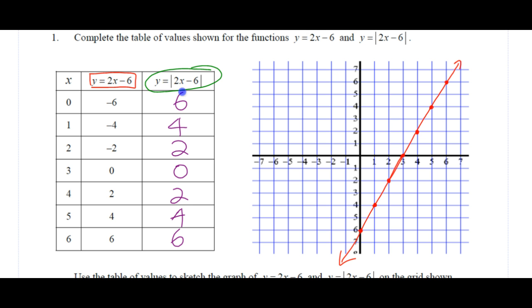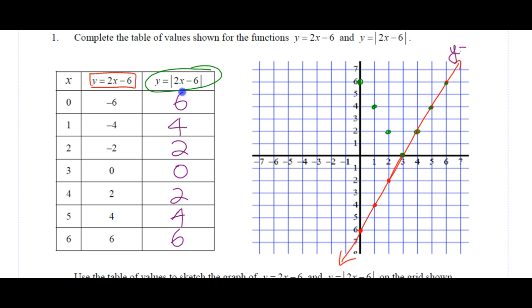And in green, I'm going to do the absolute value. So when x is 0, we have positive 6. When x is 1, instead of negative 4, we have positive 4. At 2, it's 2, 0, and then these guys are actually the same points, right? So if I sketch that graph, and I suppose we should label these, right? So let's label this.